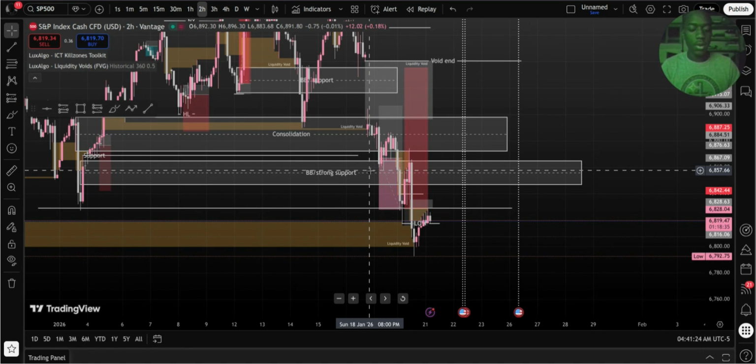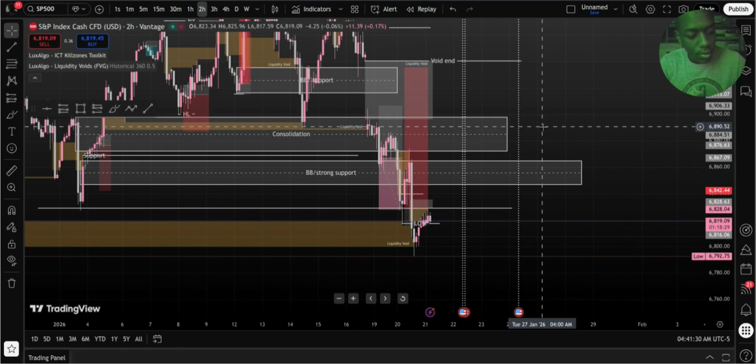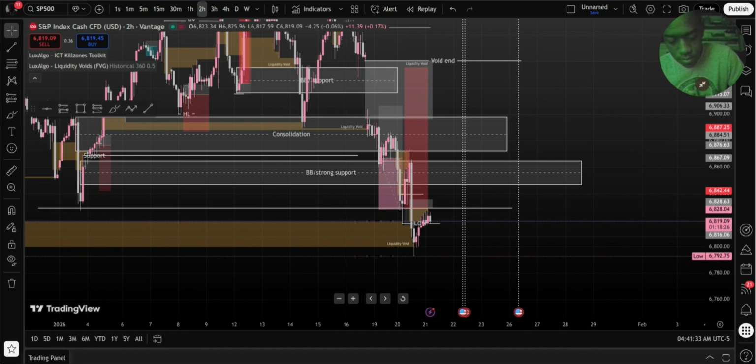Let me just write it in the back of the book. Alright, so downtrend.